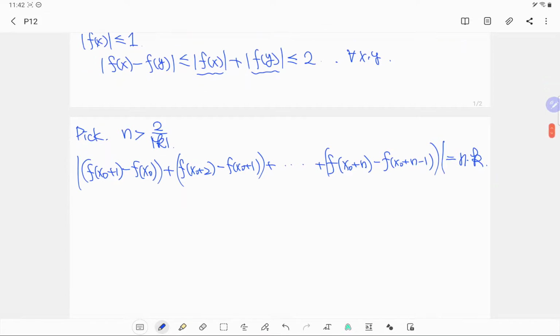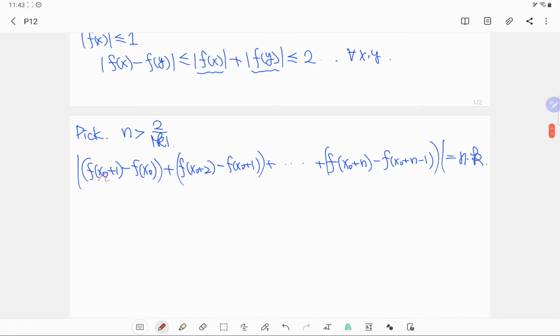And actually, we can just cancel the terms, because this is a telescoping series, which means that we can cancel f of x0 plus 1, and then f of x0 plus 0 with this term all the way up to here.